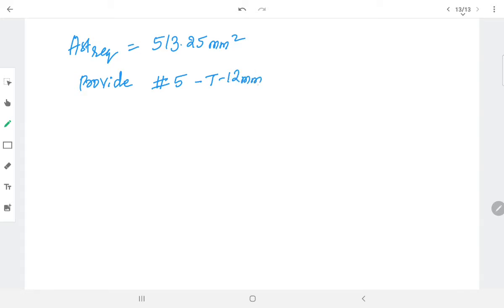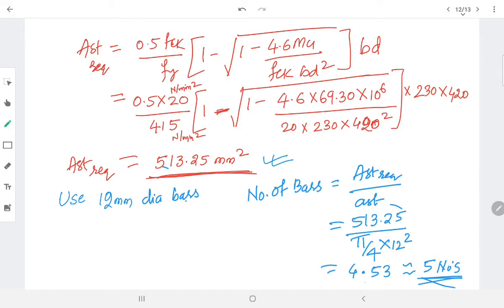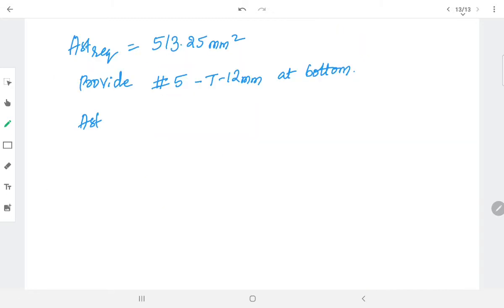T 12 mm means T is tar bar, at the bottom of the beam. Okay, now required was how much? 513. Required reinforcement, required number is only 4.53, right? Only 4.53, but we have provided more. So AST provided needs to be calculated. How many bars have we provided? 5, and area of one bar is equal to how much? Pi by 4 d square. So total how much did you get?